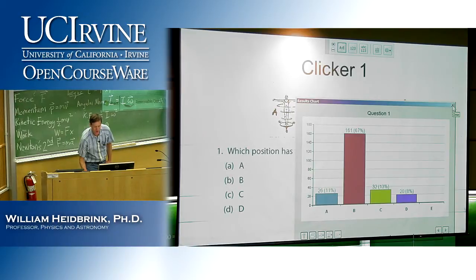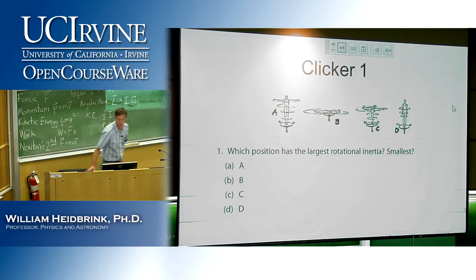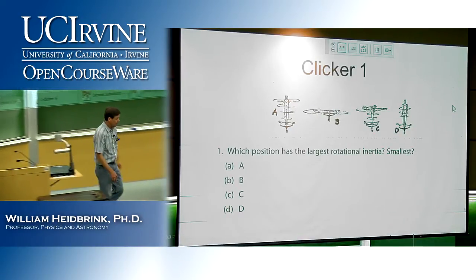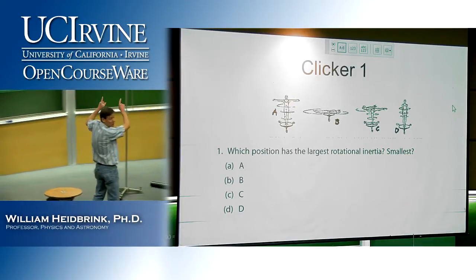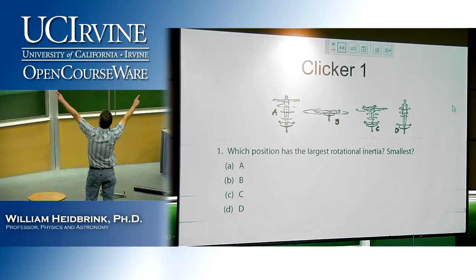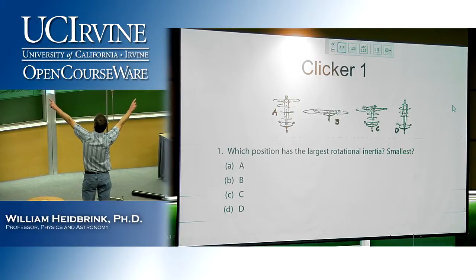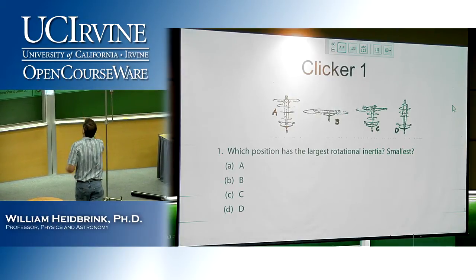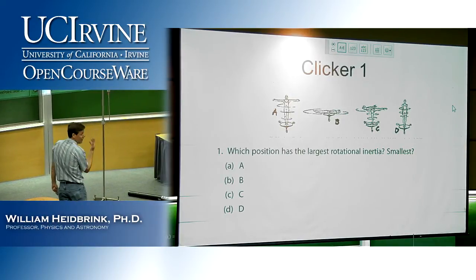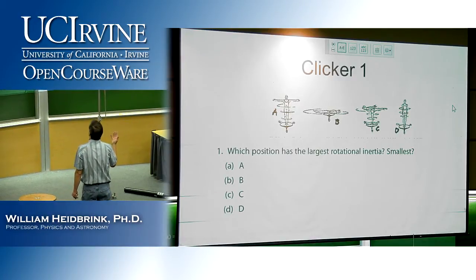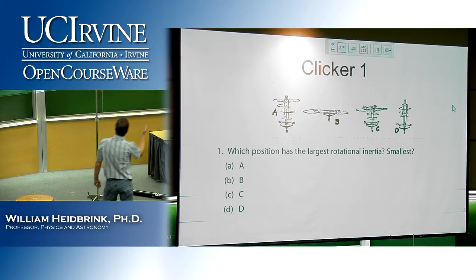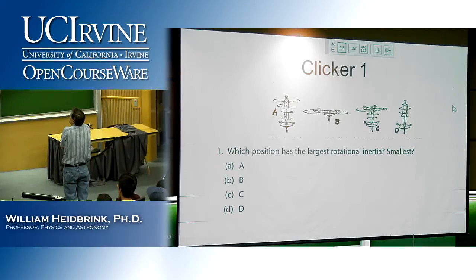Okay, so the correct answer for the largest rotational inertia is B, because that's just like the picture I showed you before. The body has as much mass as possible away from the rotation axis, which is this turntable in the middle. Just without doing the clicker, which one's the smallest? D, because that's the one where the person has as much mass as possible close to the axis.